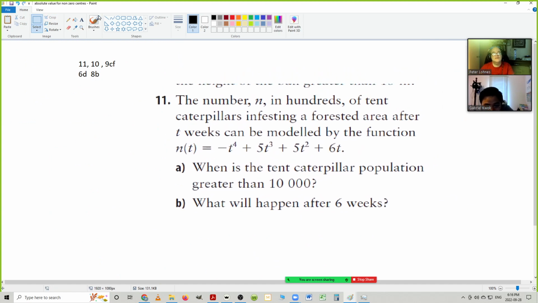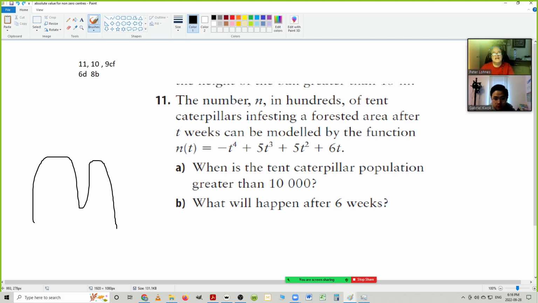First of all, let's look at the graph they gave us. What kind of graph is that? It's a quartic. Yes, and is it starting in the normal area? It's negative, so it's flipped. It could have a maximum of 3 turning points and 4 x-intercepts. And then let's ask what this would model.